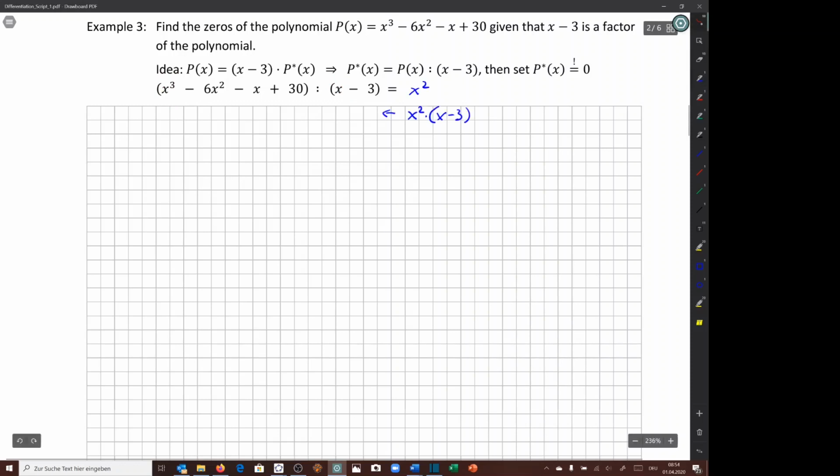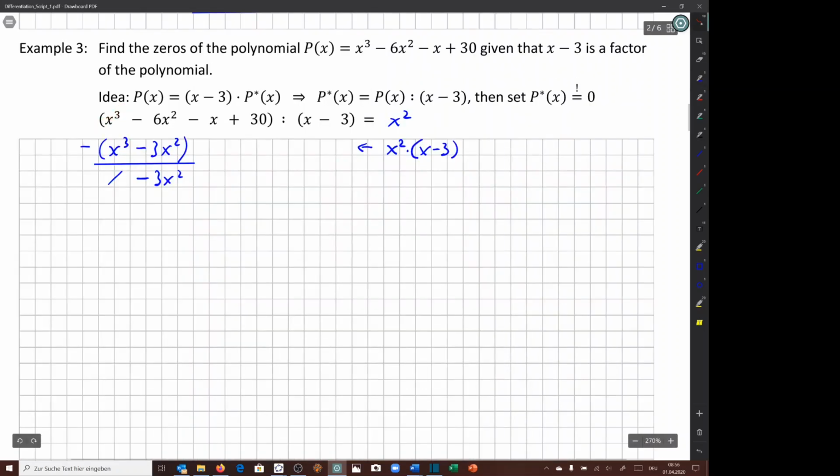As the next step, we multiply this result with the divisor polynomial, x minus 3, and subtract it from the original polynomial. Expanding this expression, we get x to the power of 3 minus 3x squared. We write it exactly below the corresponding terms, and then we subtract the whole thing.